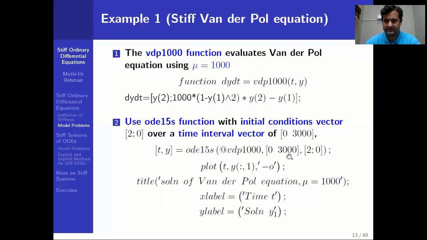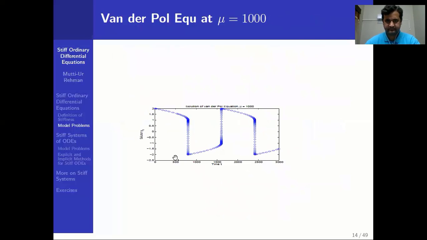Okay, and this is of course the time interval and initial conditions. You can plot them, add a title, and then of course label both axes. And if you do this, you will see that the behavior of the solutions of the van der Pol equation looks like this actually.